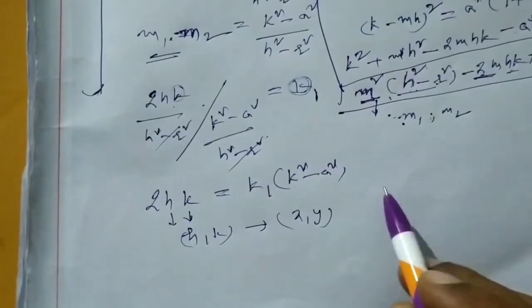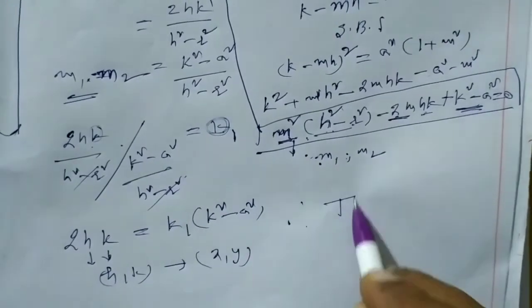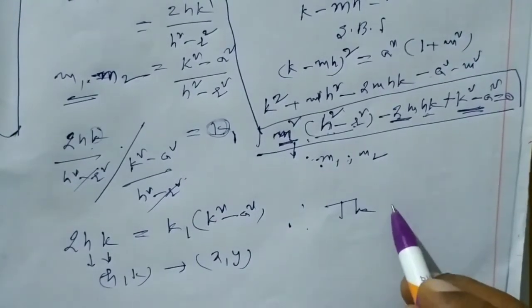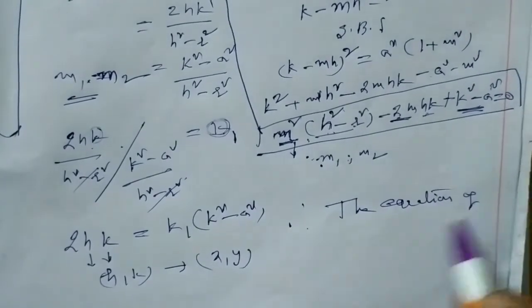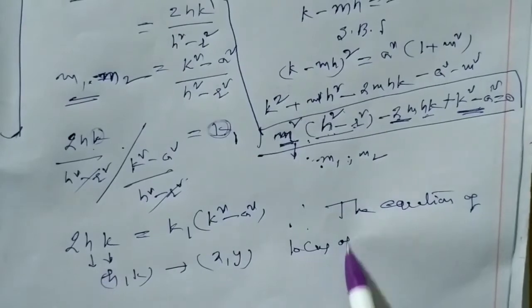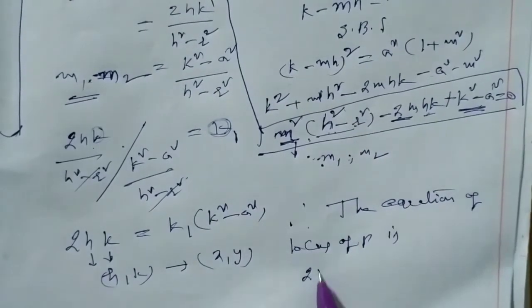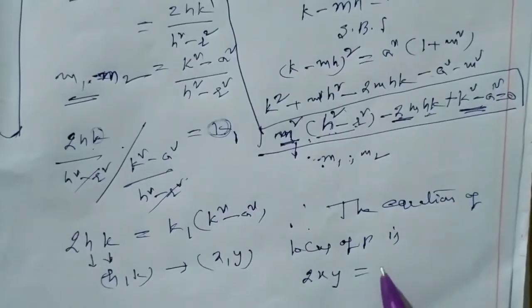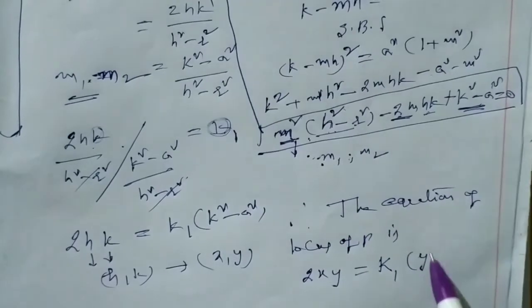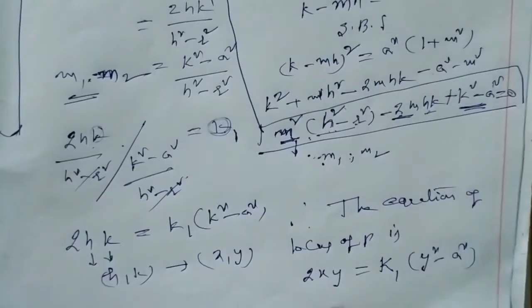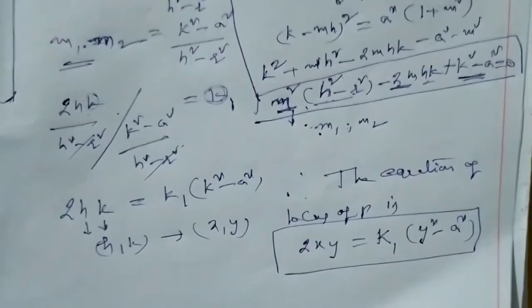Therefore the equation of locus of P is 2xy is equal to k into k1 into (y square minus a square). This is the required locus of the point.